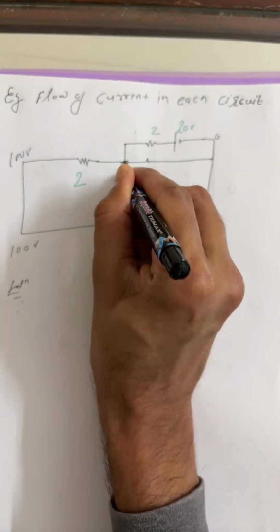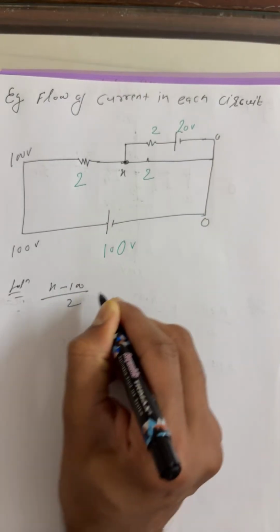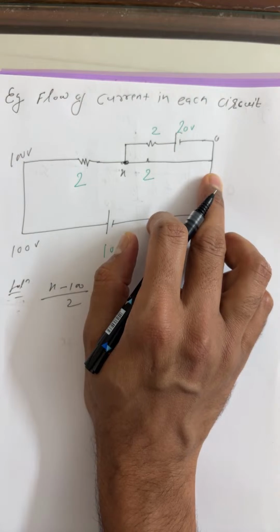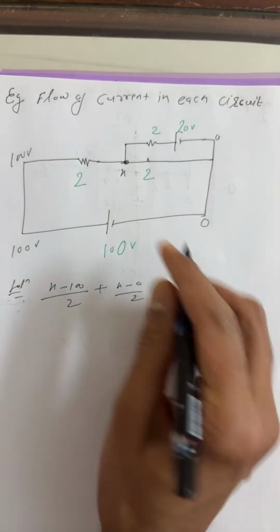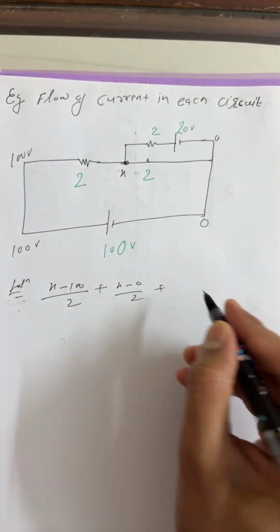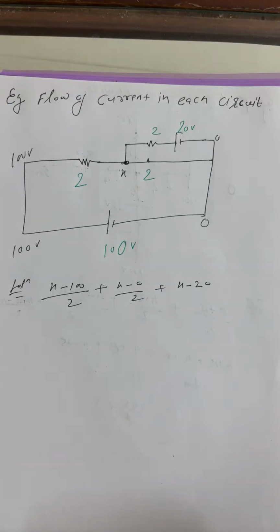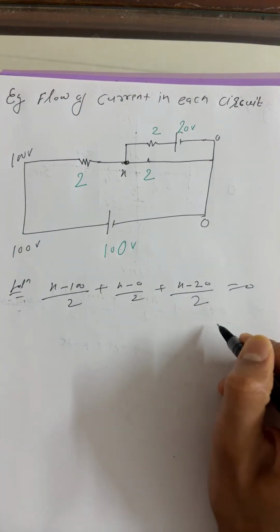Junction 1, KCL: (x minus 100) by 2 plus (x minus 0) by 2 plus (x minus 0) by 2 plus (x plus 1) is minus (x minus 20) upon 2 is equal to 0.